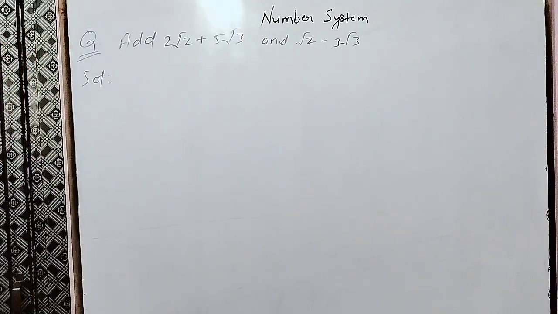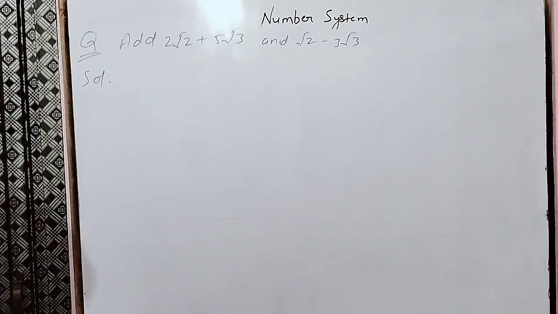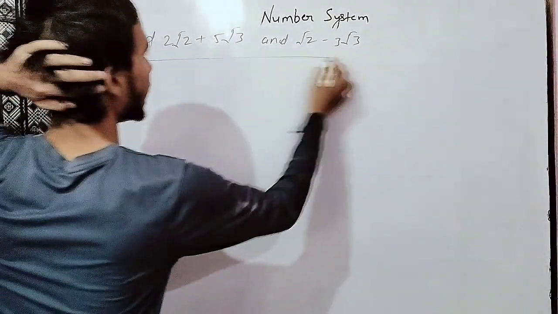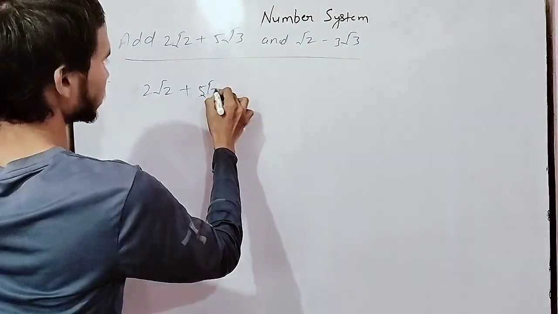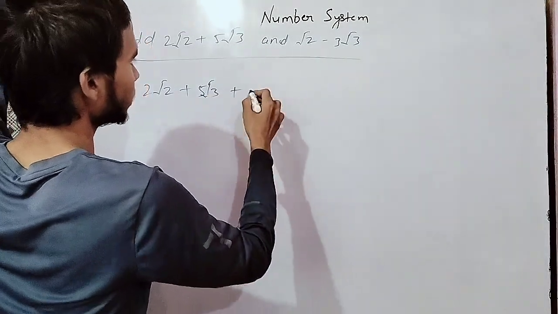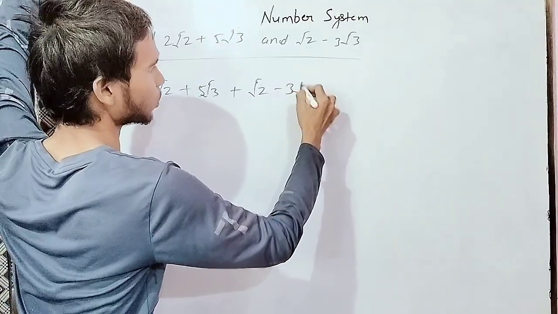Now we are going to simplify it. Now it is the same, add both: 2 plus 5 root 3, and we are adding root 2 minus 3 root 3.